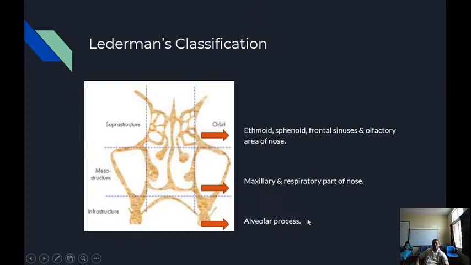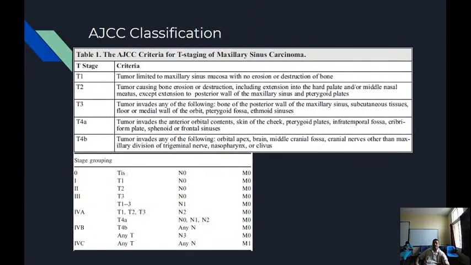So this is Lederman's classification, and then you have the regular AJCC classification by the tumor board of the American journals, wherein you have the staging T1, T2, T3, T4, A and B, and stage 1, stage 2, stage 3, stage 4.